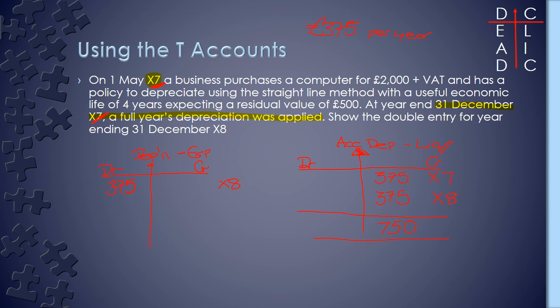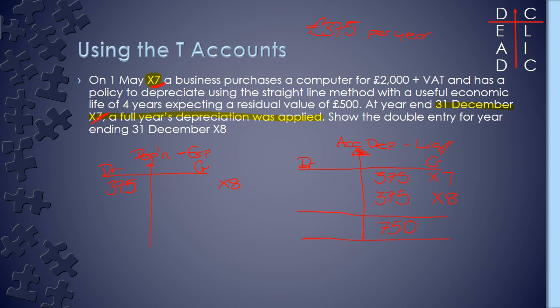And that's really important, because when this gets transferred to your statement of financial position, that £750 is going to reduce the value of the asset that's sitting in the cost account. So the cost account that we did earlier on in the presentation with the bank or the purchase ledger, that's done, but that cost needs to be reduced. So our net book value of that asset needs to be reduced.